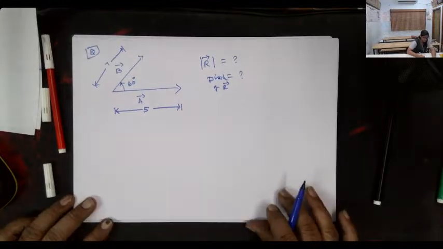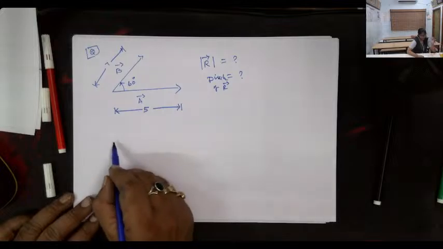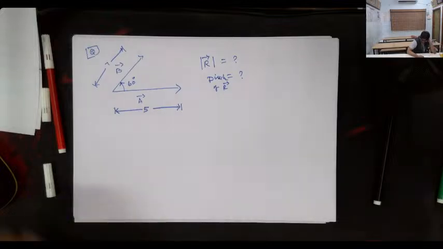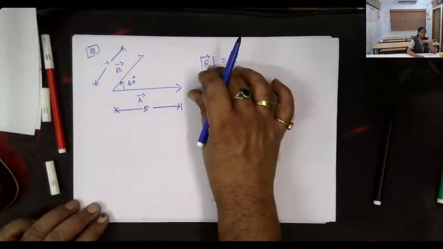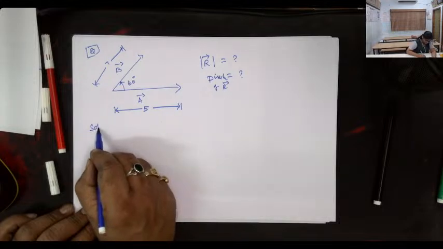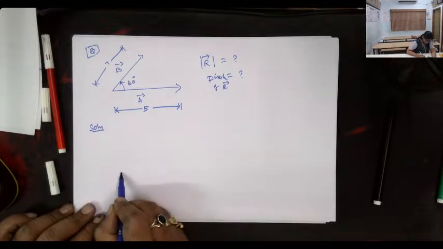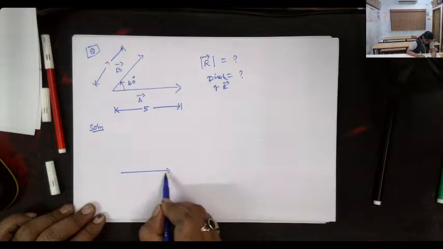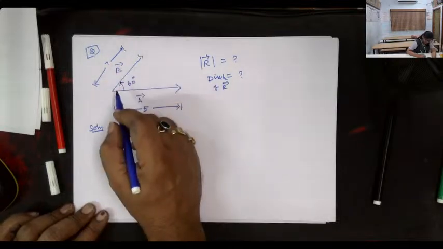Now we know already we have to draw like this. As I already mentioned, you have to push this vector to this side, is it not? So let us push this vector.